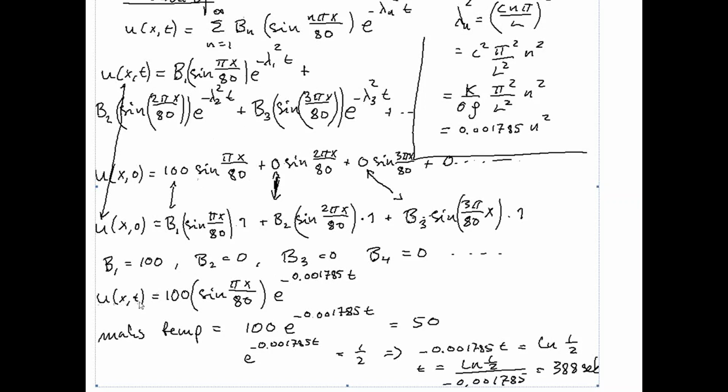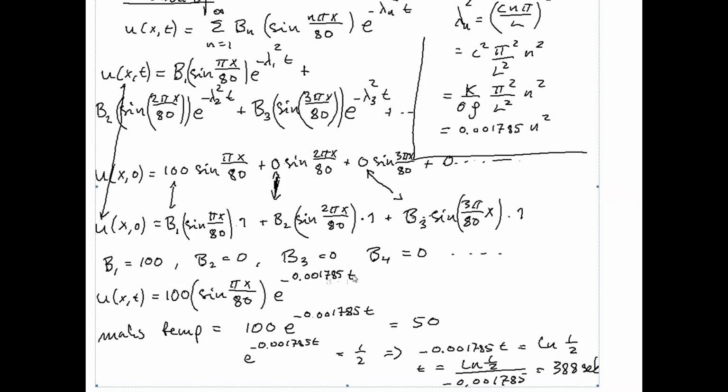U of x, t is equal to 100 times sine pi x over 80 multiplied with the exponential function of this expression when n is equal to 1. So in this case we only have minus 0.001785 t, and we have no other terms.